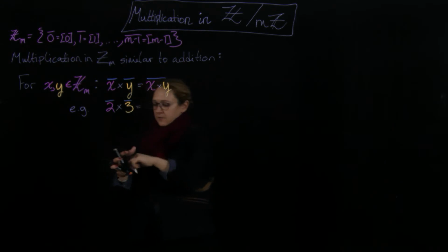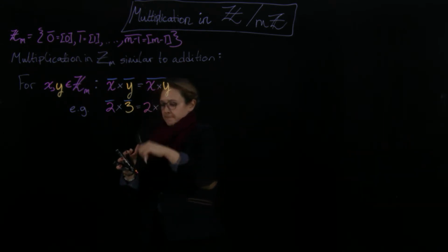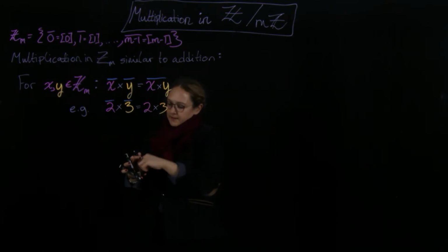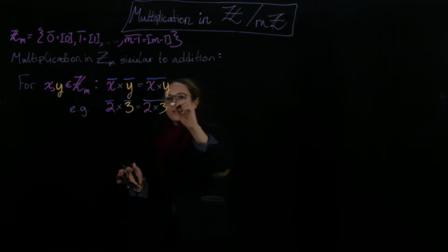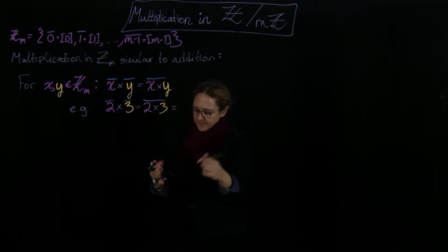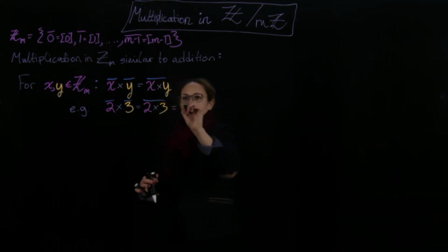Then this is going to equal 2 times 3 with the bar over the whole thing, which is 6 bar, which could be something else depending on your circumstances. So this is 6 bar.